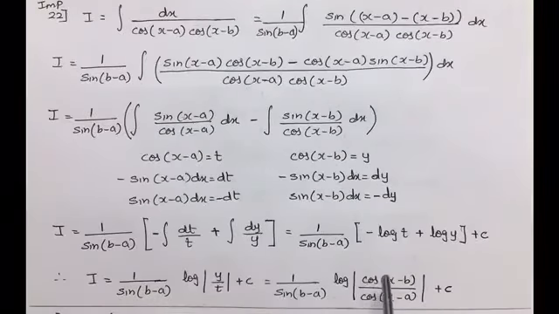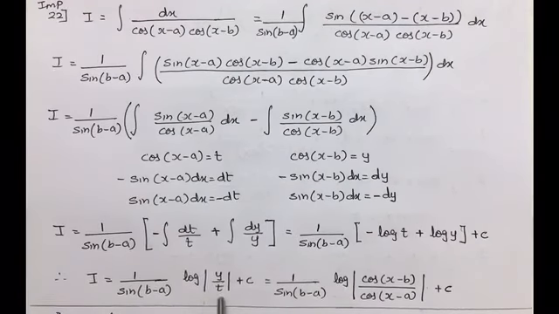Now as it is minus log t plus log y, with the help of the division rule of log, and 1 upon sin b minus a will always remain as it is, a constant, we express it as log of y upon t plus c.